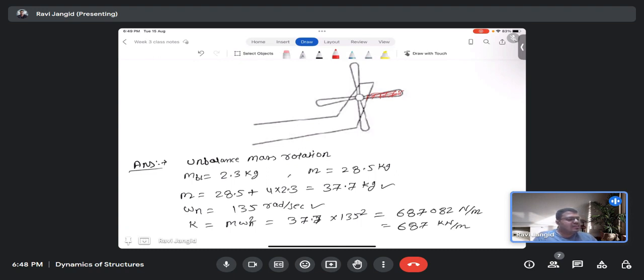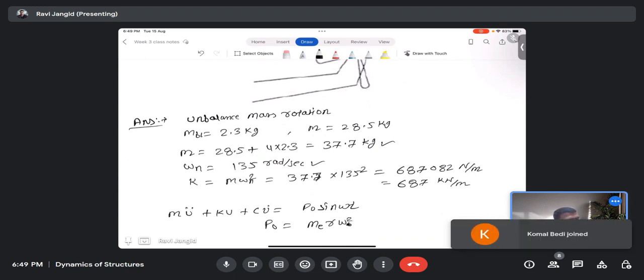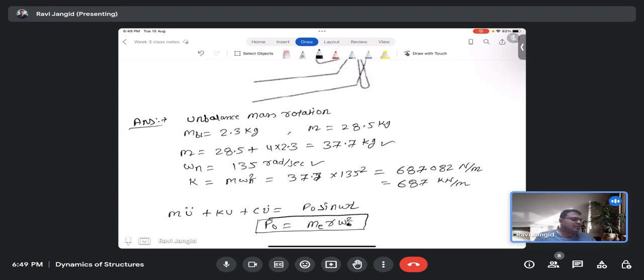So what is my unbalanced mass equation? m u double dot plus c u dot plus k u is equal to p naught sine omega t, where p naught is m e into r into omega square. Is it okay? Do you know this? The amplitude during the unbalanced mass is given by m into r into omega square.